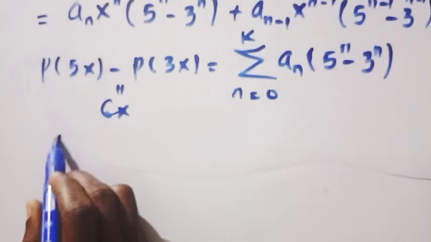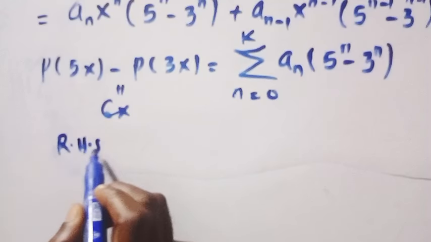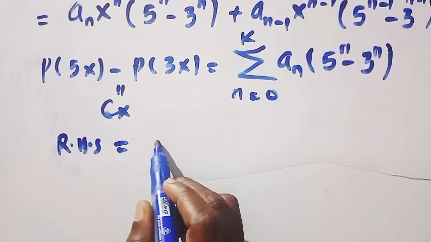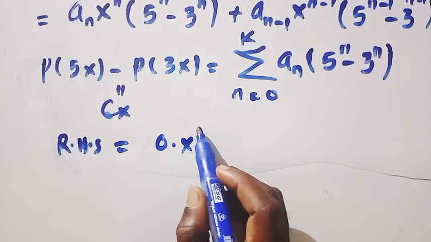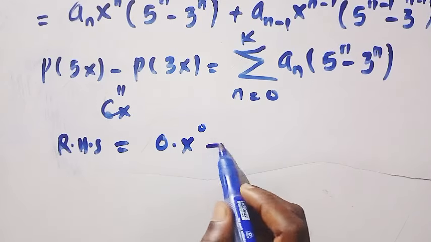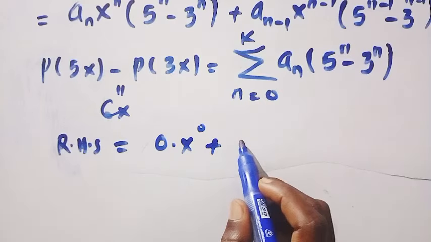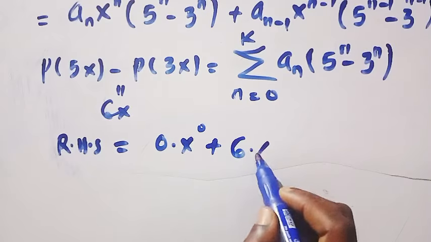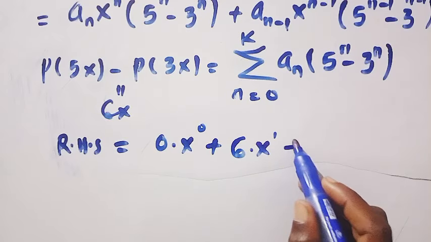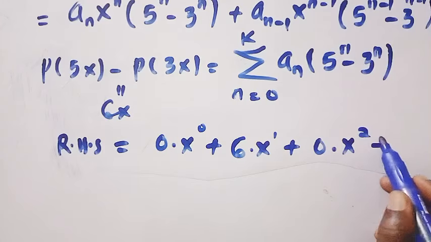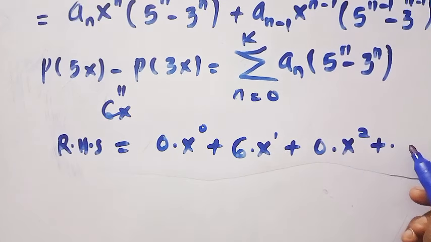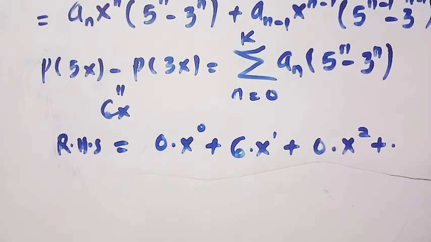So on the right hand side we have 0 times x raised to power 0, plus 6 times x power 1, followed by 0 times x power 2, then 0 times x power 3, and that's how it continues.